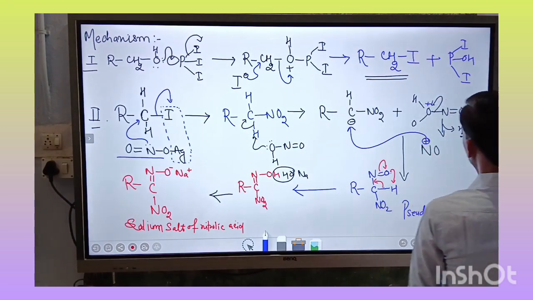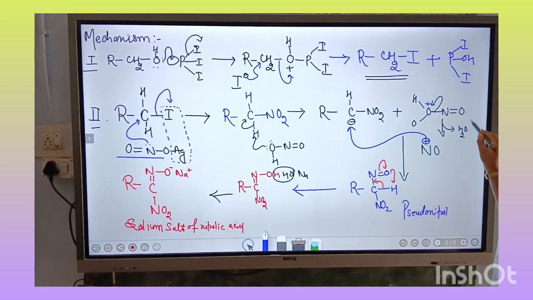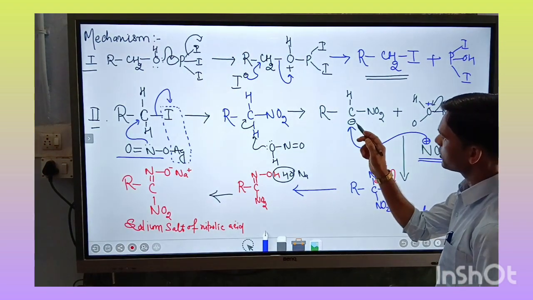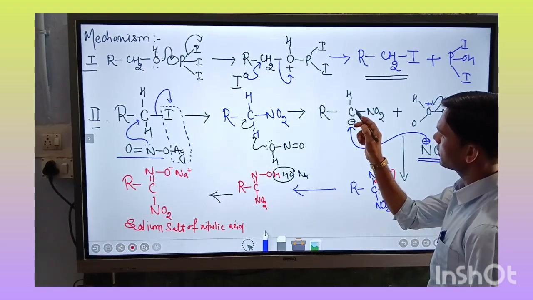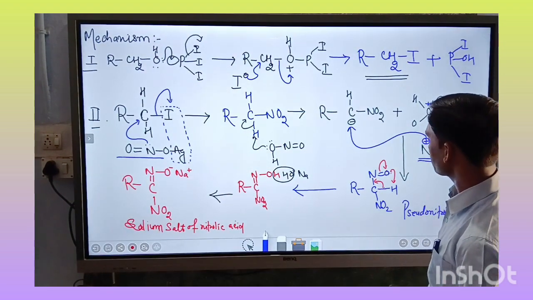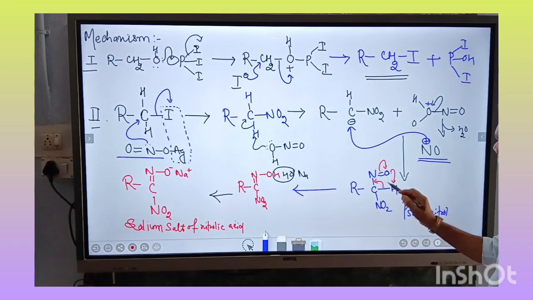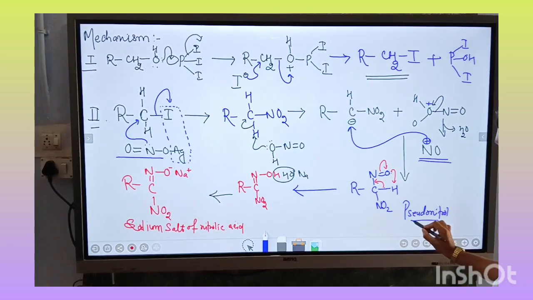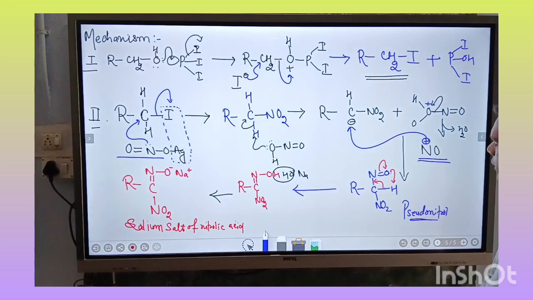Now this protonated nitrous acid gives us nitrosonium ion, which is an electrophile, and this electrophile attacks the nucleophilic carbon center and ultimately gives pseudonitrole, and this pseudonitrole is blue in color.